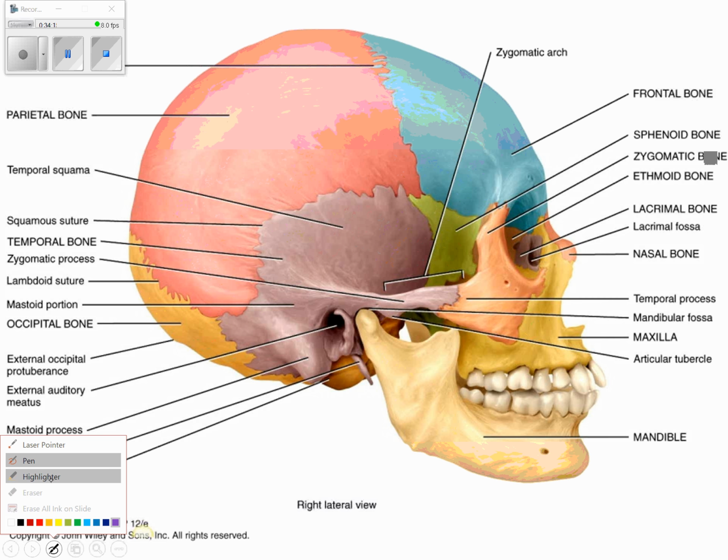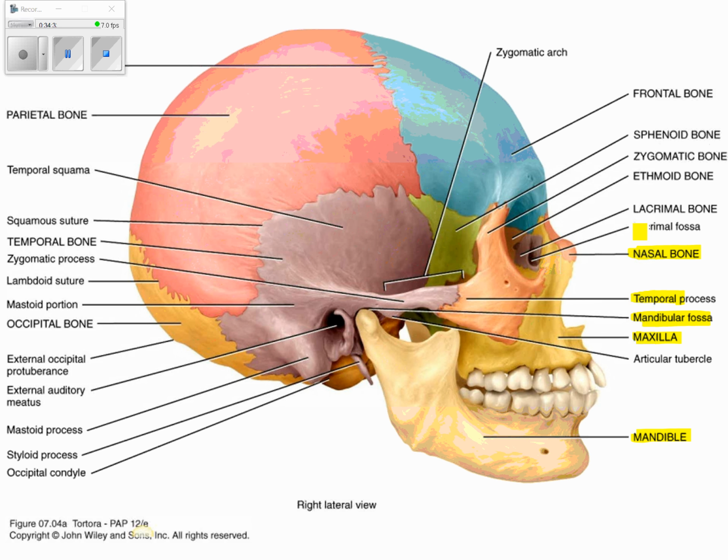And what I could do, I'll highlight these for you. Make sure that you can label the mandible, the maxilla, the mandibular fossa. Oh, sorry, you don't have to do the temporal process. Nasal bone, the lacrimal fossa, which is the tear duct, lacrimal bone, ethmoid bone, zygomatic bone, sphenoid, frontal bone. Make sure you do parietal bone.